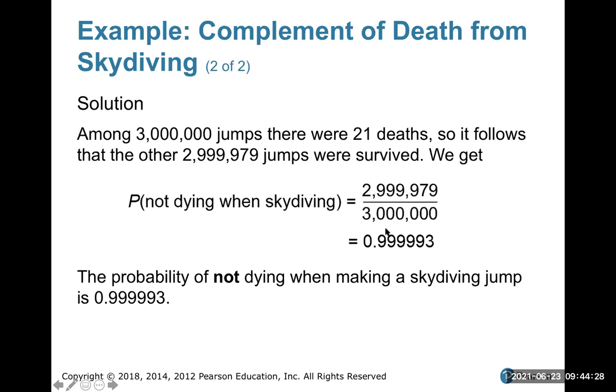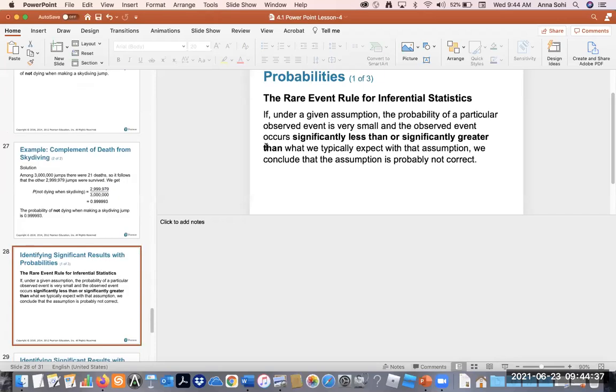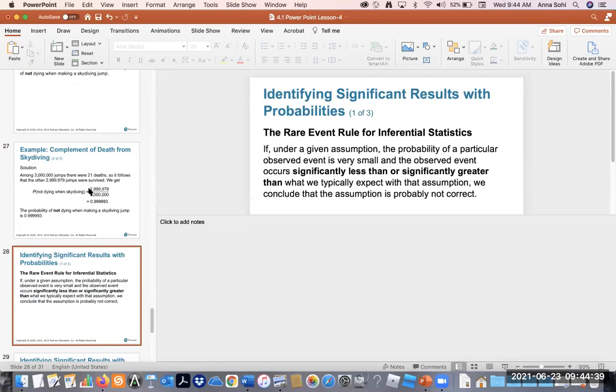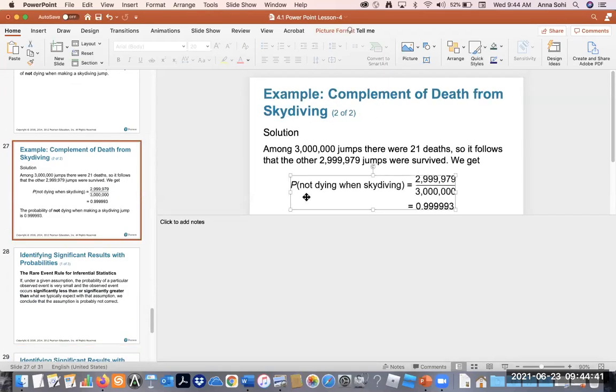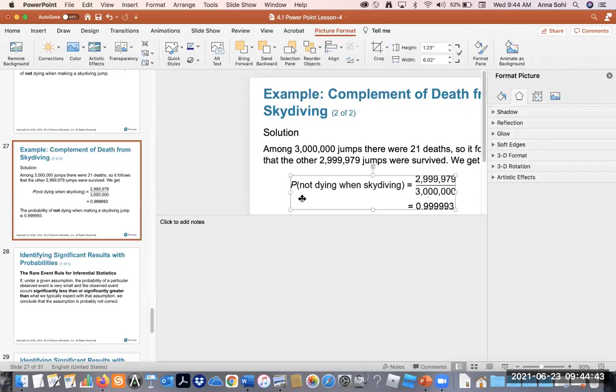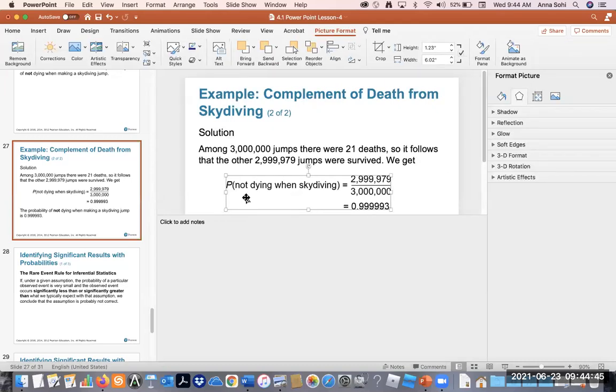In other words, do you remember when we were doing this problem? We found the probability of dying was 0.000007, five zeros and a 7. The complement is always 1 minus.